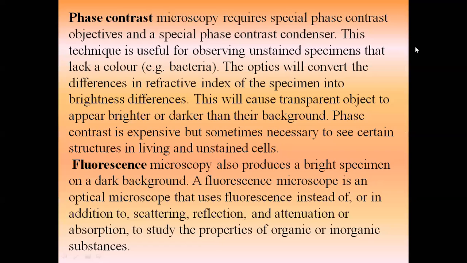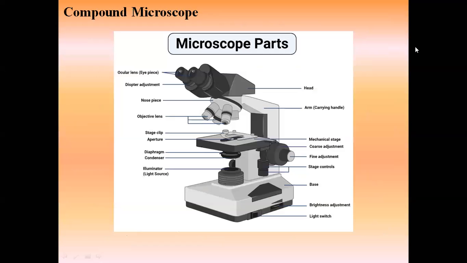compound microscope. The compound microscope is somewhat similar to your stereo microscope, but there is a small difference. If you closely observe, this same structure of microscope is present in our lab also.